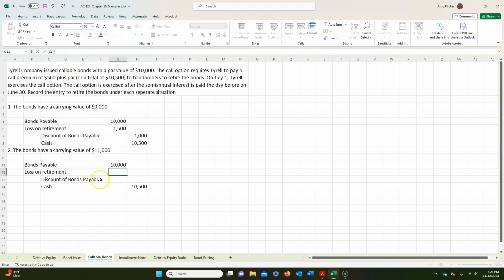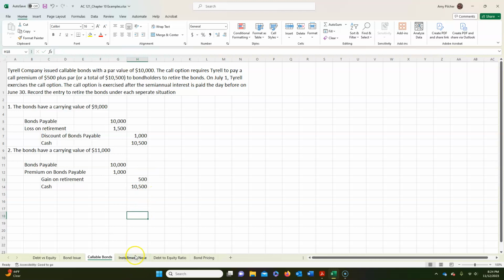But now we have a premium on bonds payable, because they're selling at a premium, for more than their value, and we have a gain on retirement. We have a $1,000 premium, and because our debits have to equal our credits, our gain is $500.